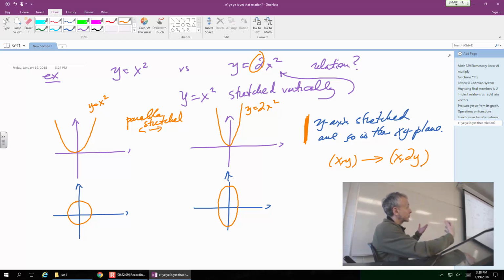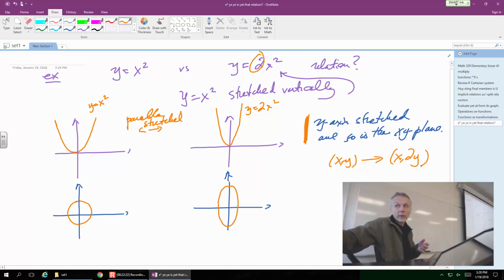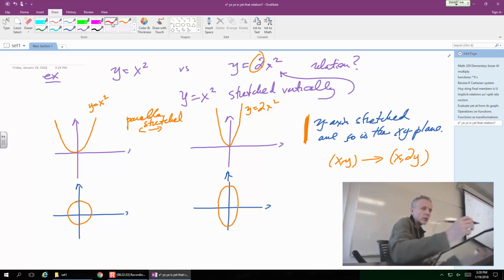So that is a vertical stretch of the whole thing. Every point on the plane, xy, becomes a point on the new plane, and the y coordinate doubles. Okay, so once again, it's a piece of rubber, and you literally pull it up and down.